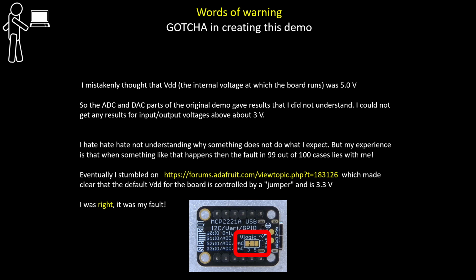I thought it was 5. It wasn't. Eventually I found out, it took a few days, I found out on an Adafruit forum that quite simply you turn the board over and you'll see that there's a little jumper there which makes VDD 3.3 volts.